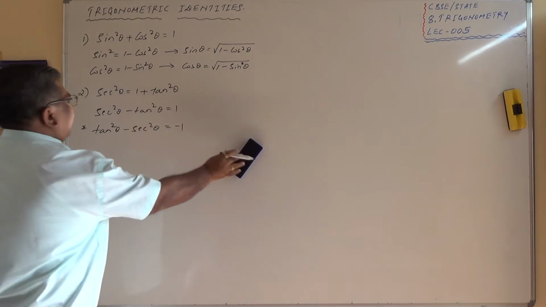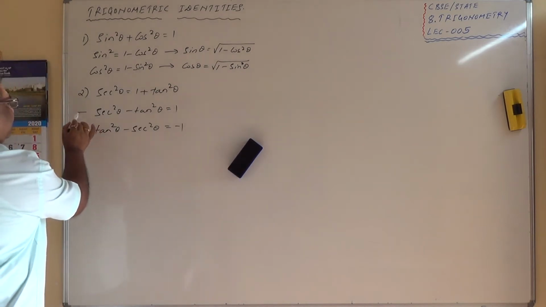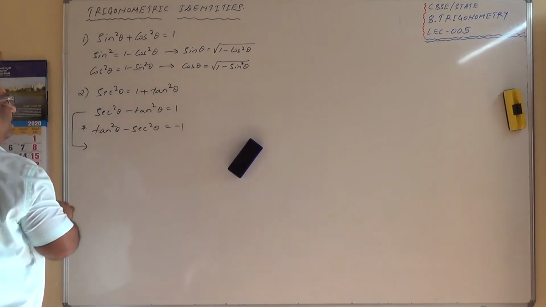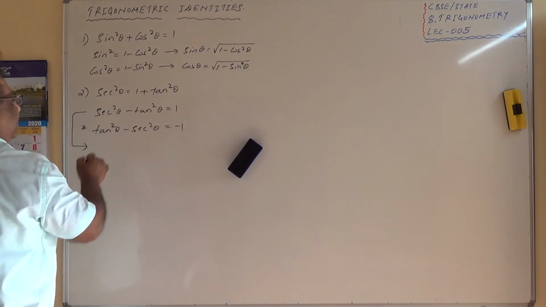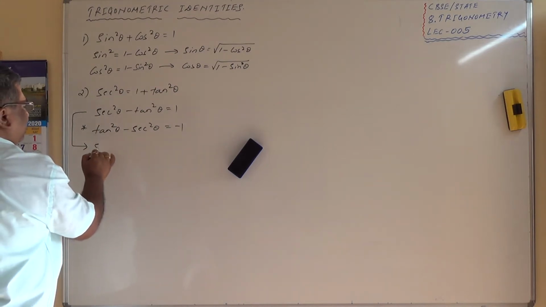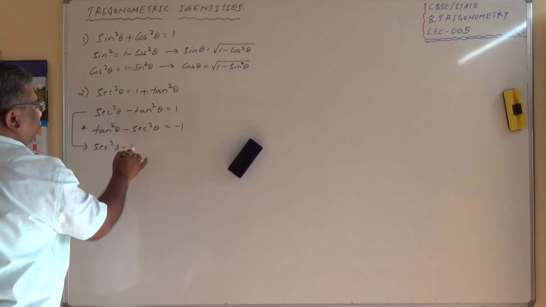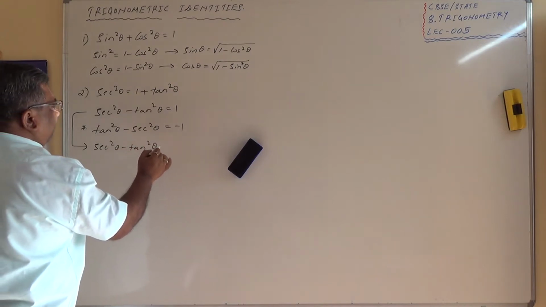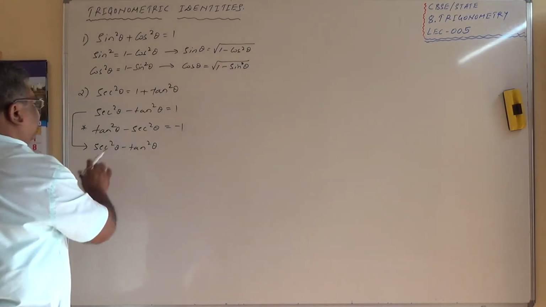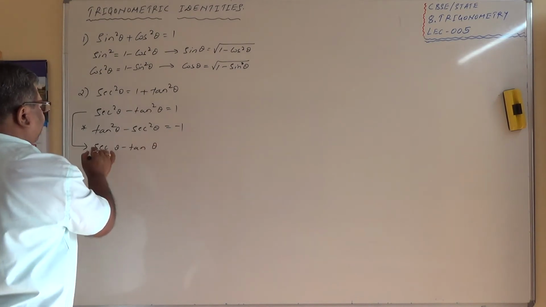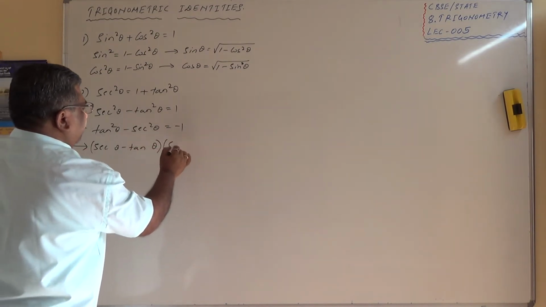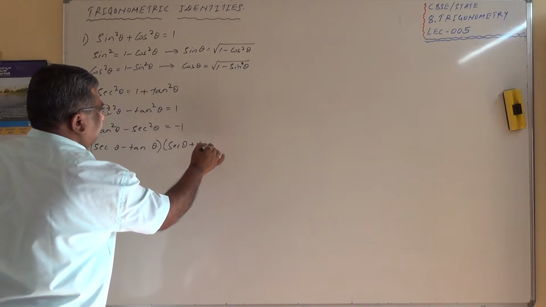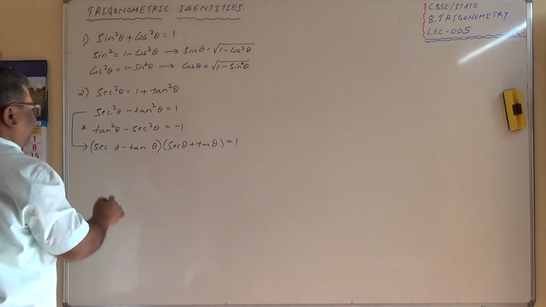And now from this one, here I have marked the arrow, another two identities can be derived. That is, sec square theta minus tan square theta, or directly I'll write (sec theta minus tan theta) into (sec theta plus tan theta) equals 1.